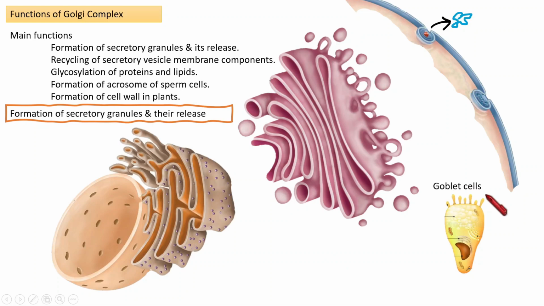These goblet cells are a special type of cells seen intercalated, meaning in the space between the epithelial cells that line all our systems wherever mucus needs to be secreted, wherever a mucus layer needs to be created. In all those areas, goblet cells are present between the epithelial cells, and they are responsible for secreting the mucus.